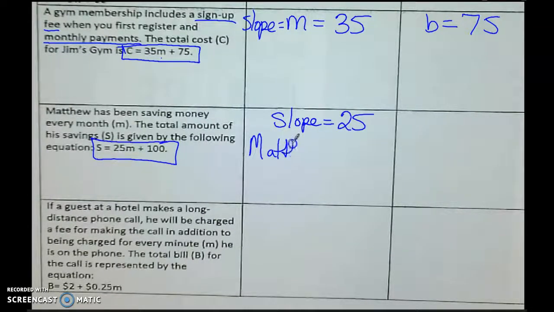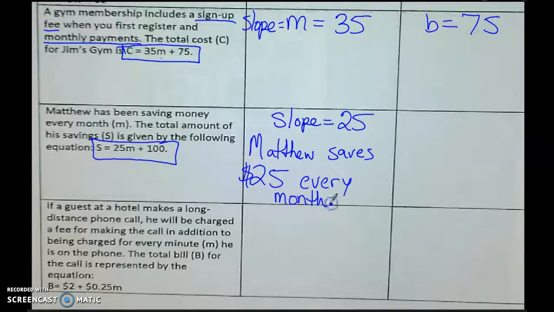So we're going to explain that: Matthew saves $25 every month. Now, our B, what does our y-intercept mean? Well, the B is 100. That means Matthew started with $100.